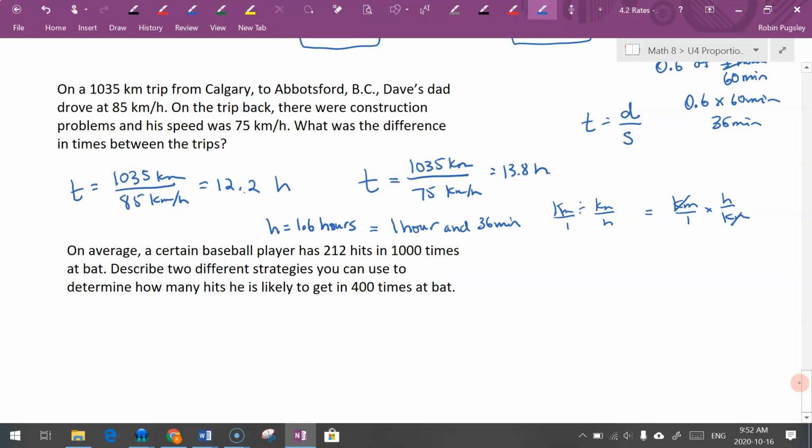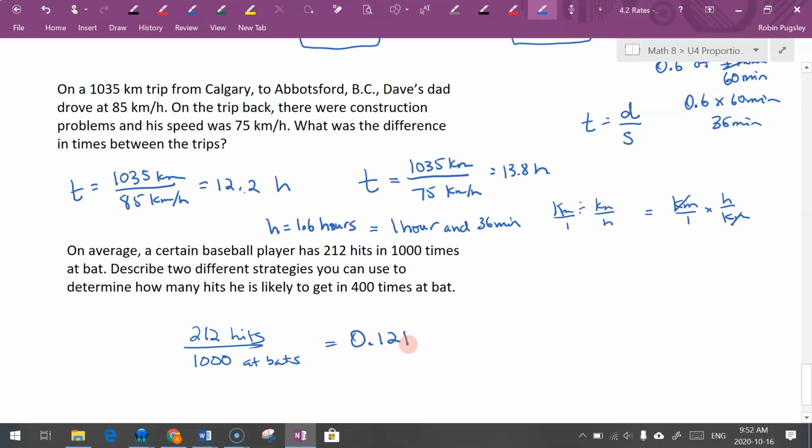On average, a certain baseball player has 212 hits in 1,000 times at bat, right? So we say their batting average is, well, if you have 212 hits for 1,000 at bats, if we divide that and find out how much it is per at bat, and I divide by 1,000, we get what we call a batting average.